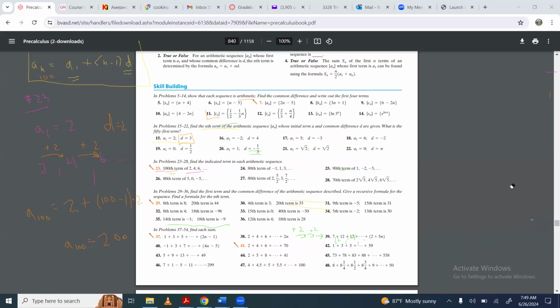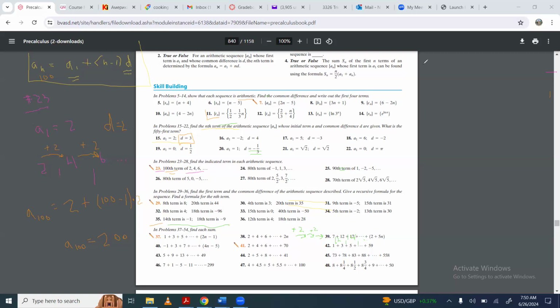But I guess by now you probably already feel a little bit better about calculator. So let's see what else they have in here. And looks like we can try exercise number 35.